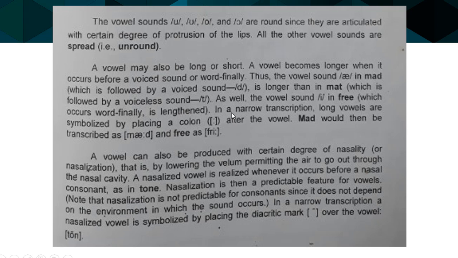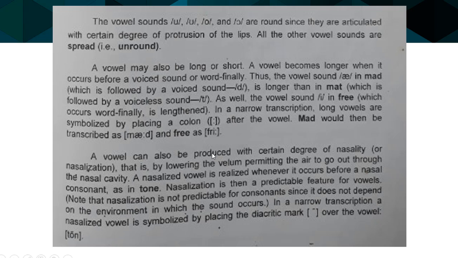In a narrow transcription, long vowels are symbolized by placing a colon after the vowel. You are going to study that profoundly when you take the course Introduction to Linguistics in third year. "Mad" would then be transcribed with a colon, and "free" as well, okay?